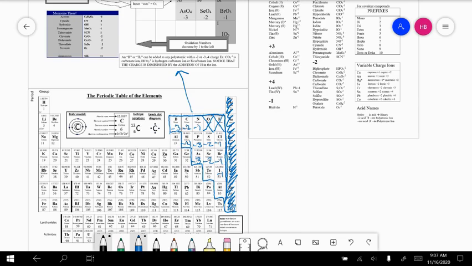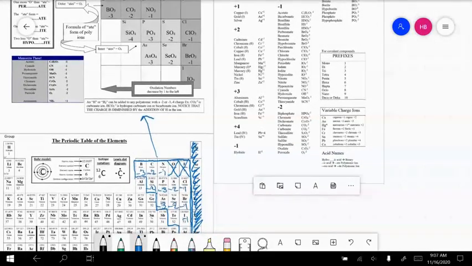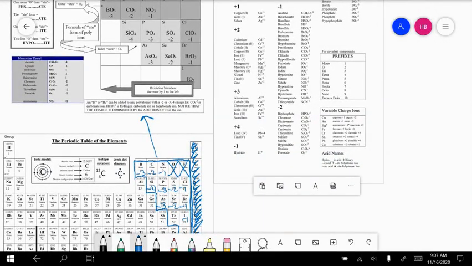Let's go up here and let's find what we call a series. So you can pick any of these elements. The elements in the beginning of an oxyanion are going to be nitrogen, carbon, boron, chlorine, sulfur, phosphorus, silicon, bromine, selenium, arsenic, iodine, and this guy right here, he doesn't really hang around that much, so we won't talk about him too much. And then in the end is going to be oxygen.